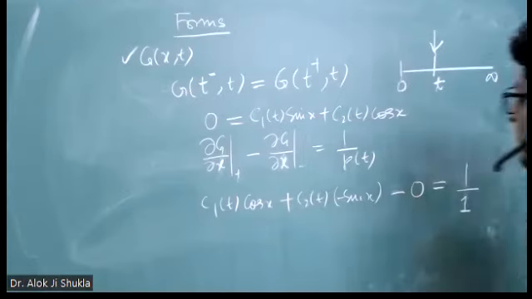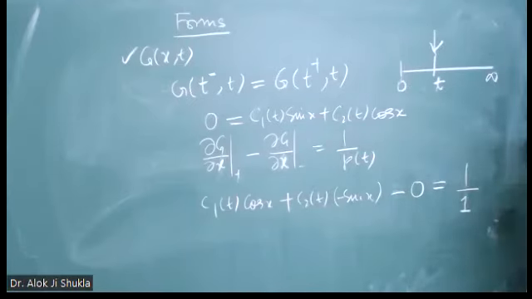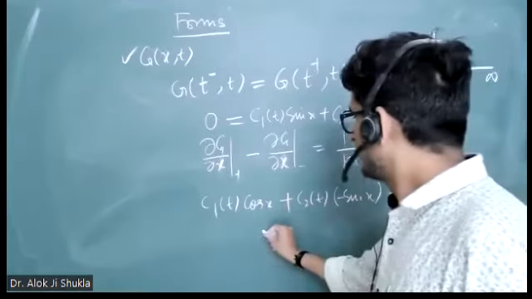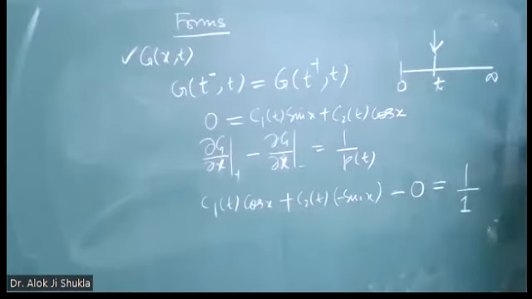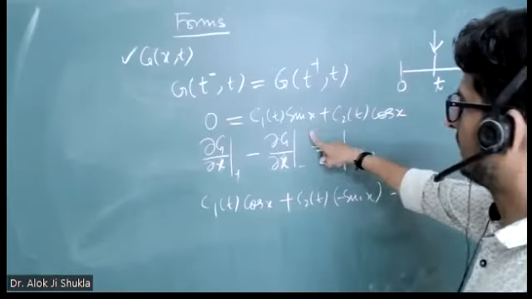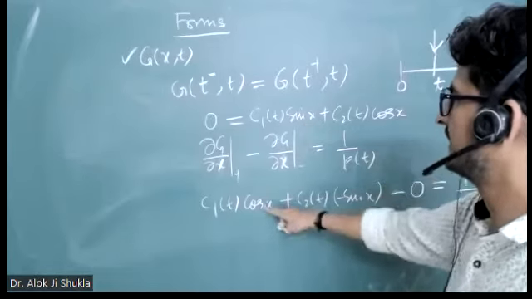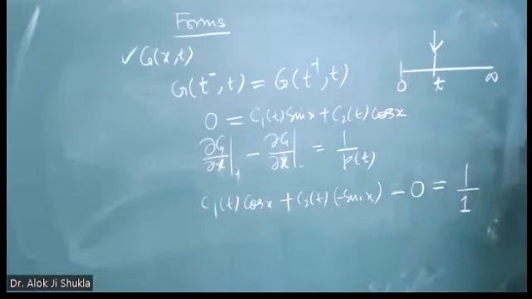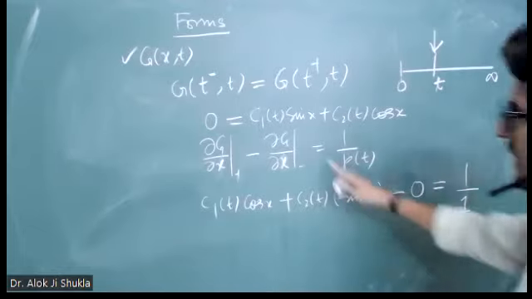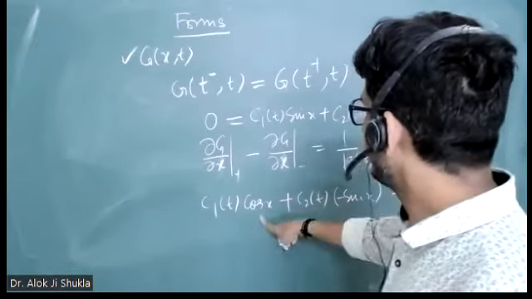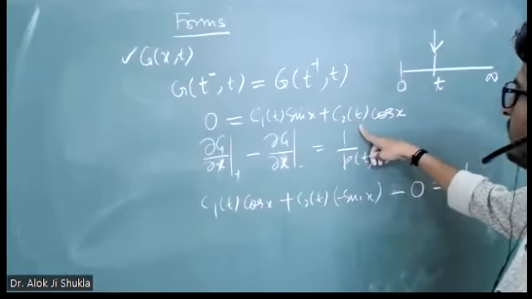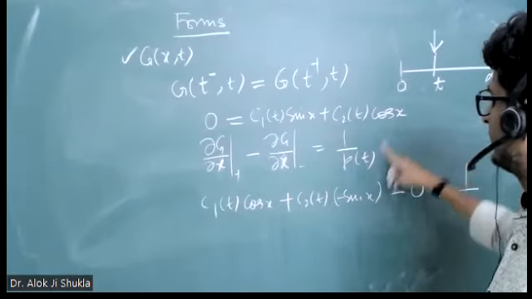If I add, can I add both of them? Will adding solve the purpose? No. We will have to do substitution. So let us multiply this by cos x and this by sin x, and then subtract. The c1 sin x cos x term will cancel. Here it will become c2 cos square x, plus sin square x.